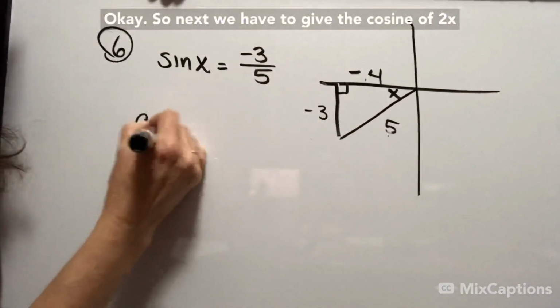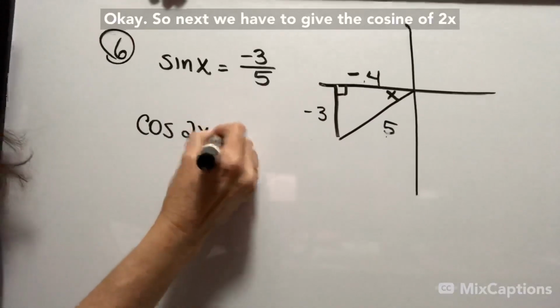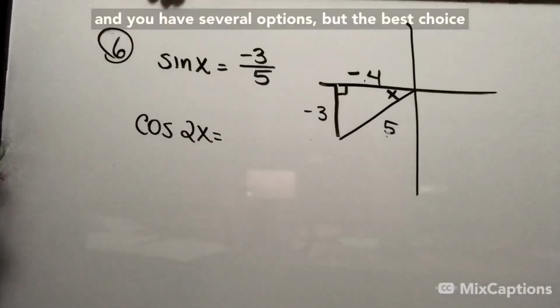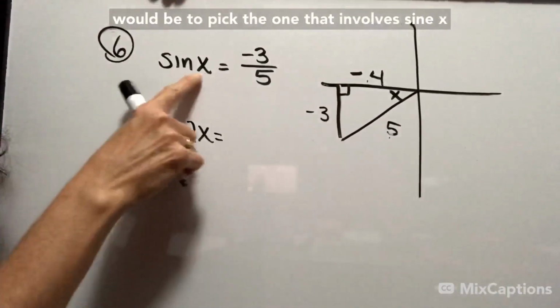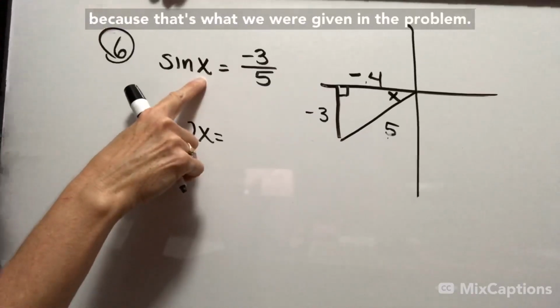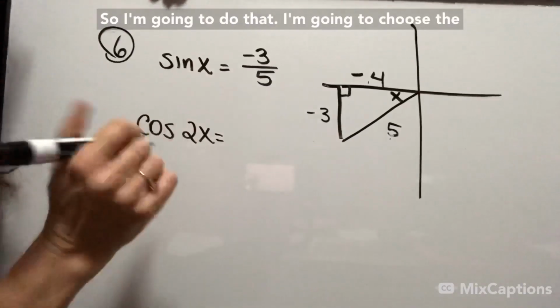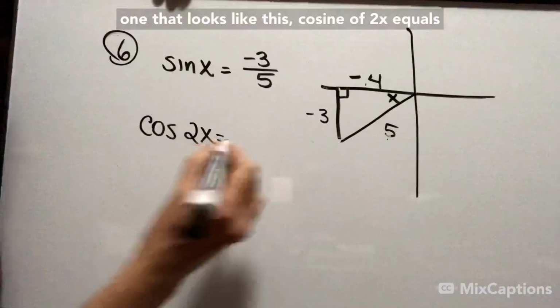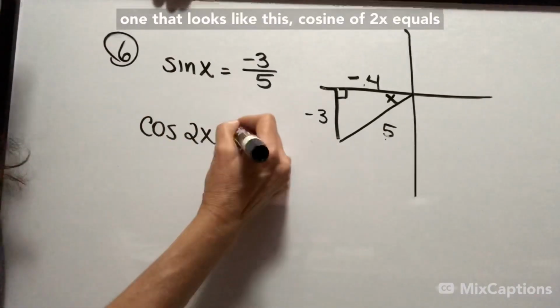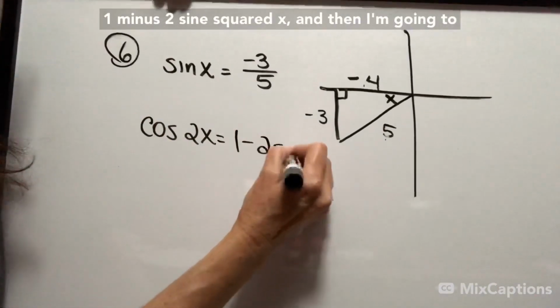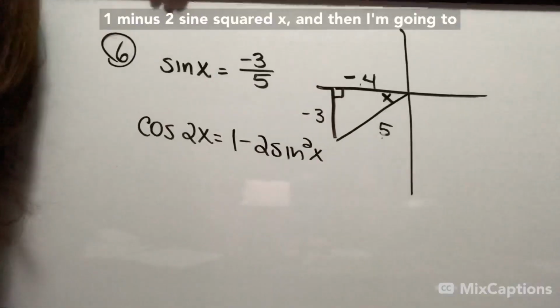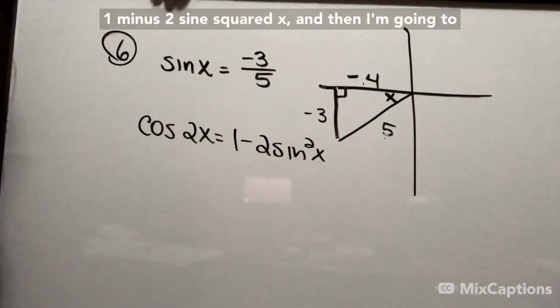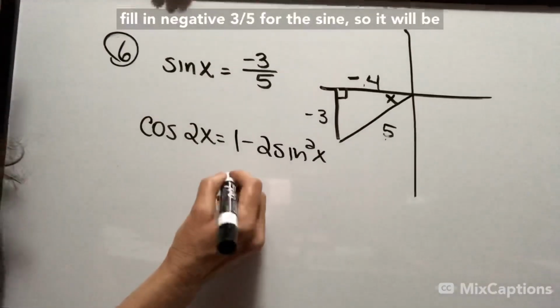Okay, so next we have to give the cosine of 2x. And you have several options, but the best choice would be to pick the one that involves sine x, because that's what we were given in the problem. So I'm going to choose the one that looks like this. Cosine of 2x equals 1 minus 2 sine squared x. And then I'm going to fill in -3/5 for the sine.